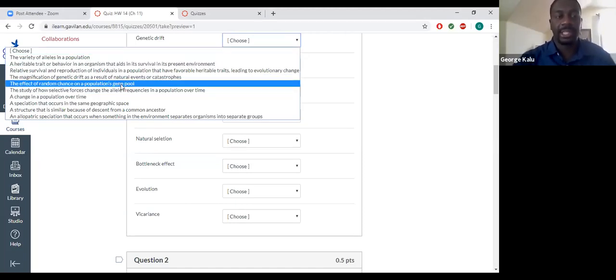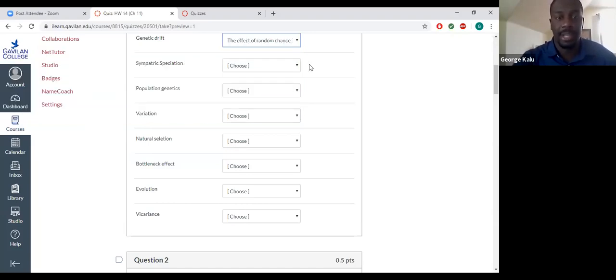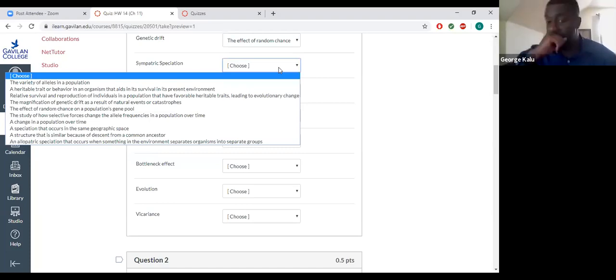So if we're looking at the effect of random chance, does genetic drift have a larger effect on small populations or on large populations? Smaller, right? Exactly. So genetic drift is going to be much more potent on small populations than it will be on large populations. Perfect. Okay, next one, sympatric speciation.